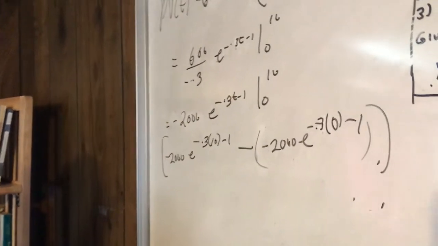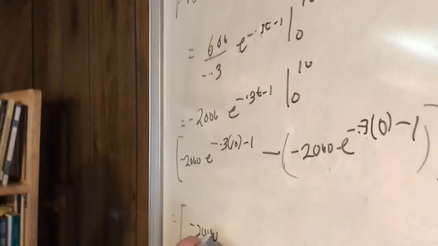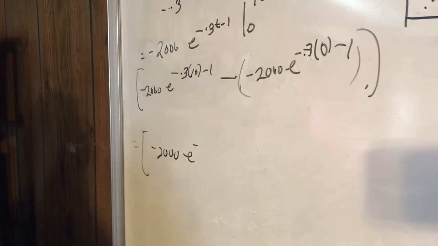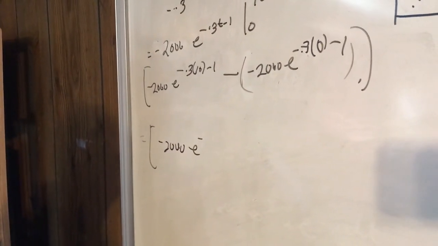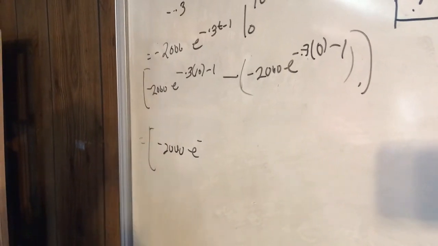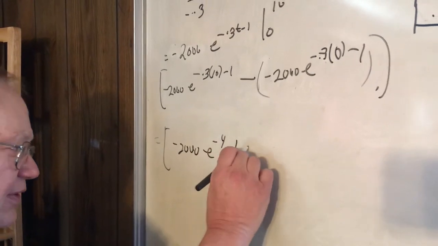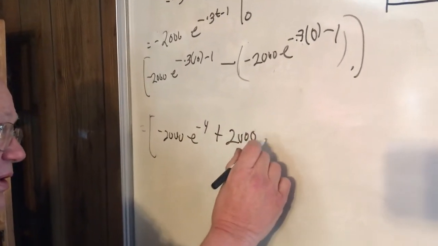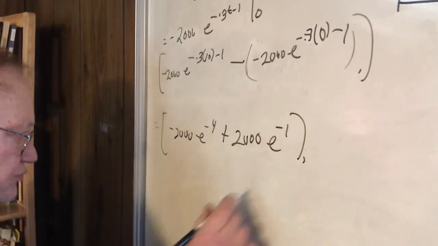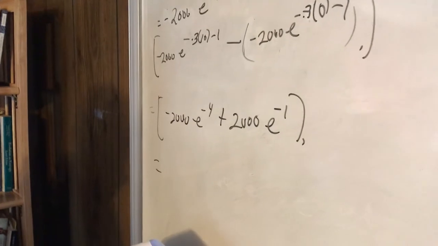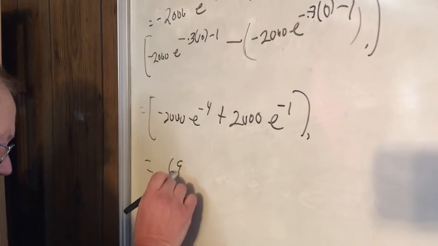This is going to be minus 2,000 e to the minus what? 0.3 times 10 is 3, minus 1 is minus 4, plus 2,000 e to the 0 minus 1, so minus 1. I'm not going to bother to bring that out any further. I'm going to give you the answer: 699.